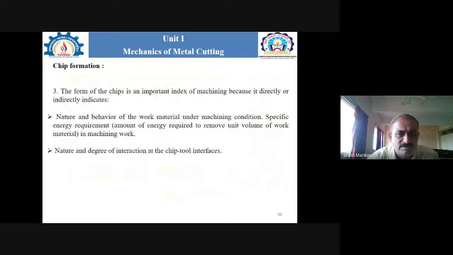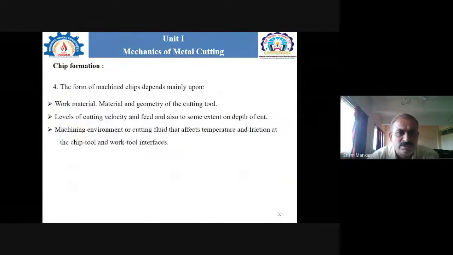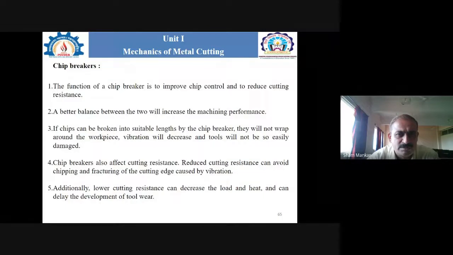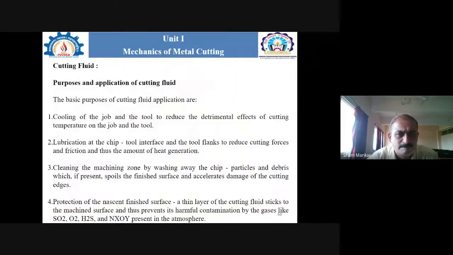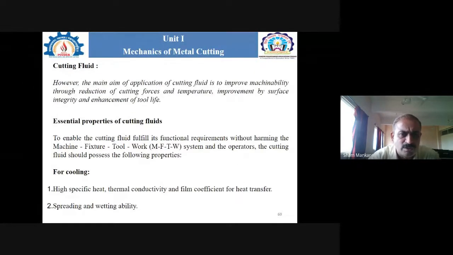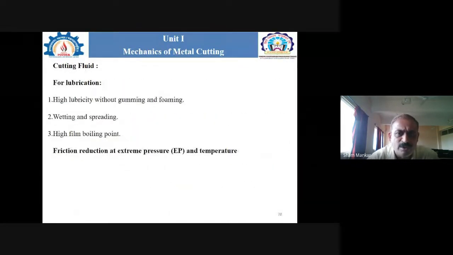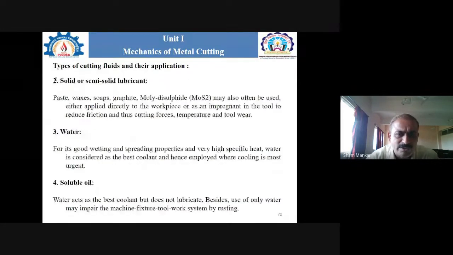Just wait for 1 minute. Okay, so these are the basic purposes or functions we know when we use the different types of cutting fluid. But one more important point is to be there.